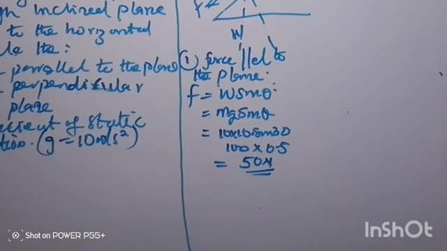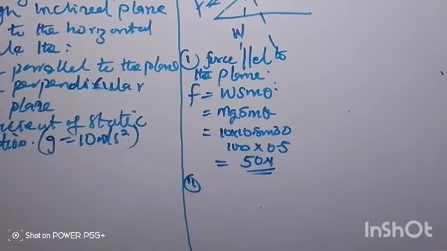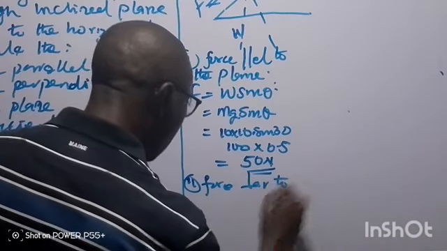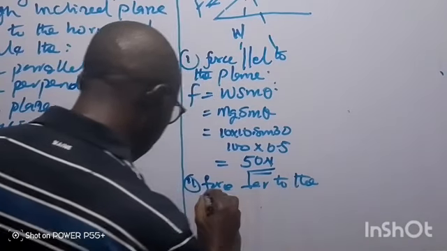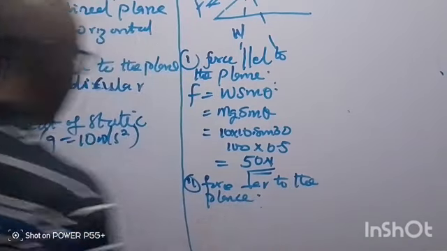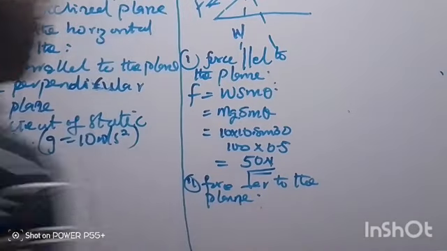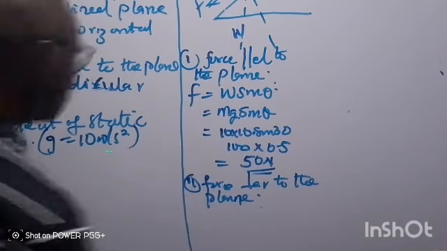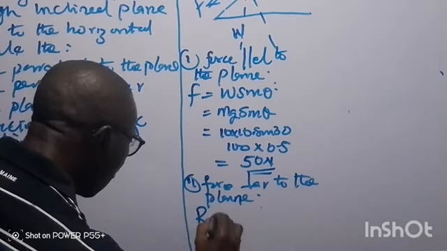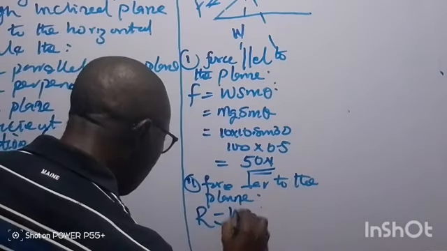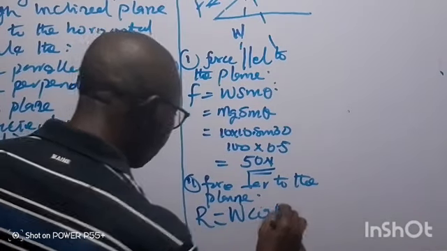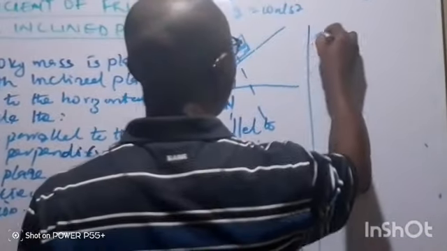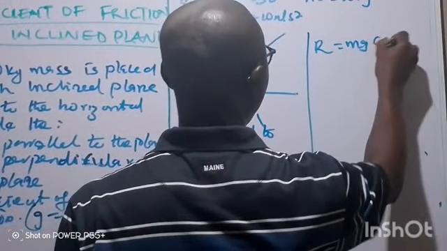Number 2 question, which is force perpendicular to the plane. Don't forget, force perpendicular to the plane is also known as normal reaction force. And the other time we said the normal reaction force R is equal to W cos theta. And from here now, our R will be equal to mg cos theta.